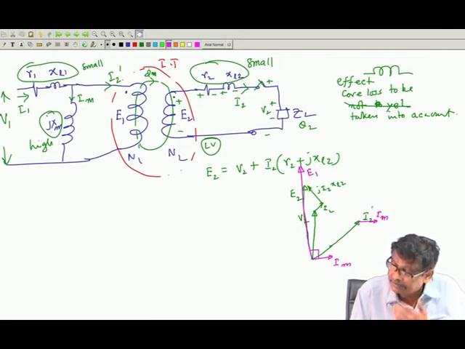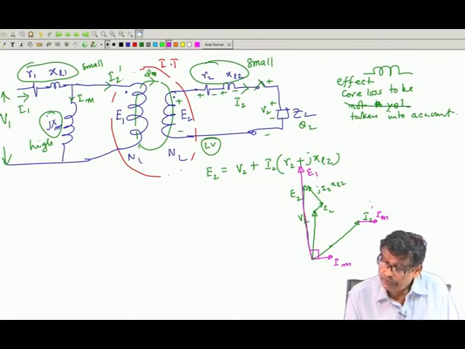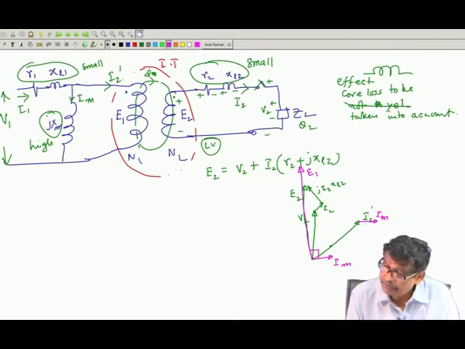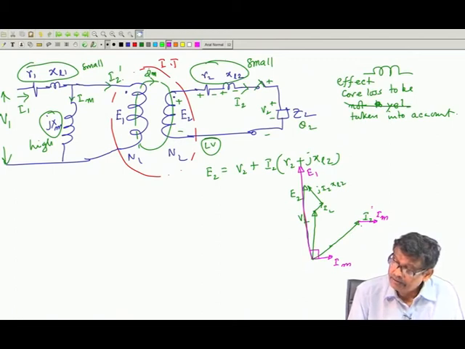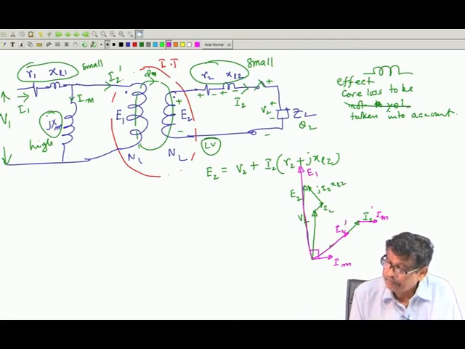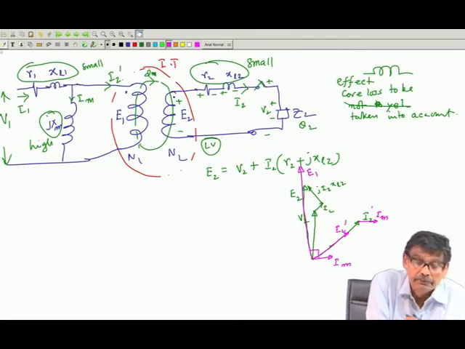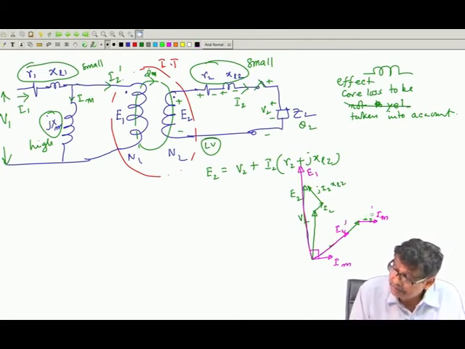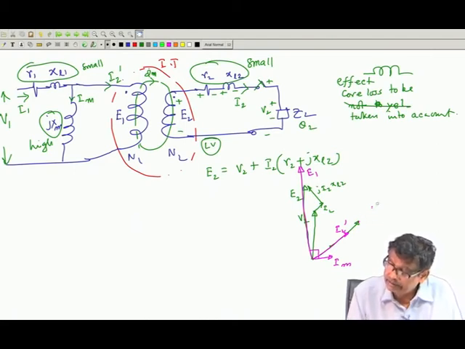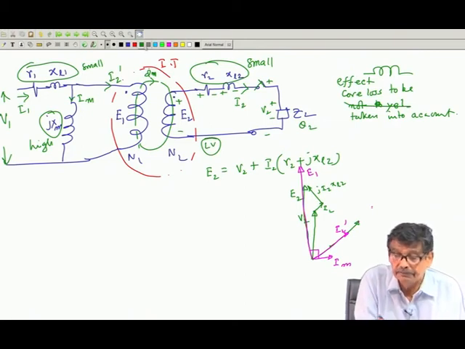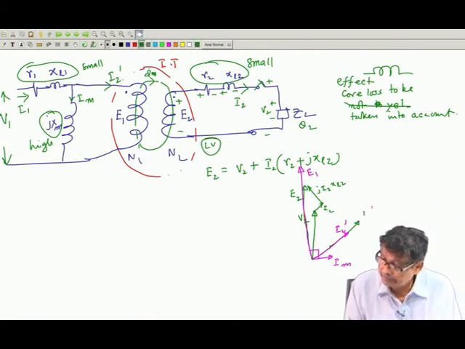I2 dashed, I am so sorry. So, I2 is this one. So, I2 dashed will be less. So, I2 dashed, correct. So, suppose this is I2 dashed. So, it will be like this, then this was I2, mind you, this was I2.